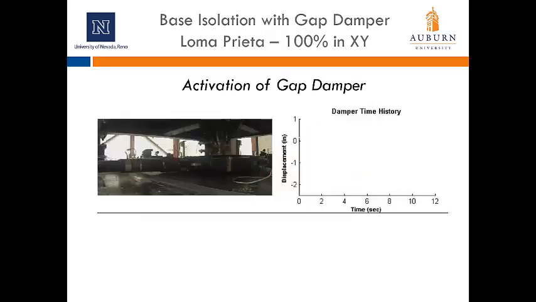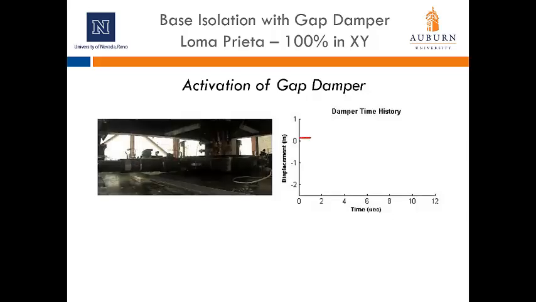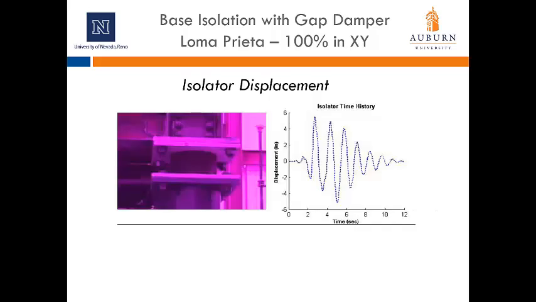The next series of clips are for Loma Prieta 100% in XY. This is a bidirectional motion, and so here we can see the contrast between unidirectional and bidirectional. This first clip shows the motion of the damping system, activation of the damper. It was actually very similar to what we saw in the X direction, as there wasn't a whole lot of Y direction motion for this particular record.